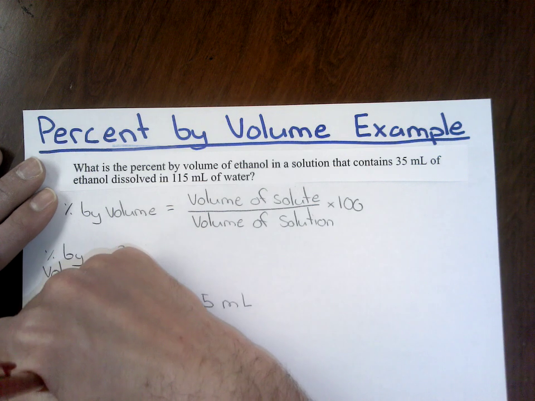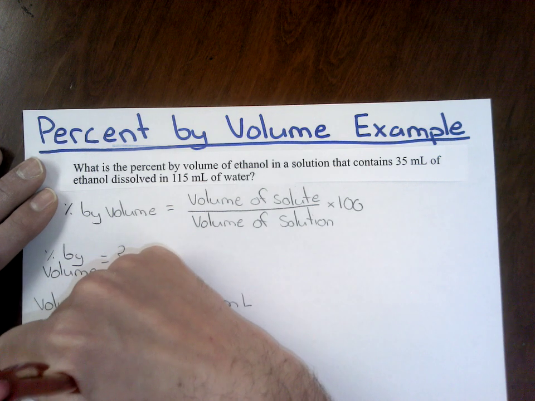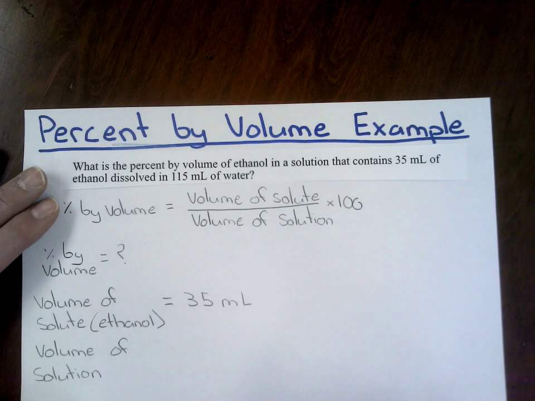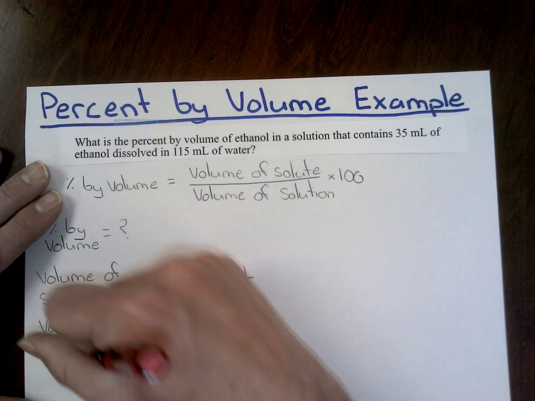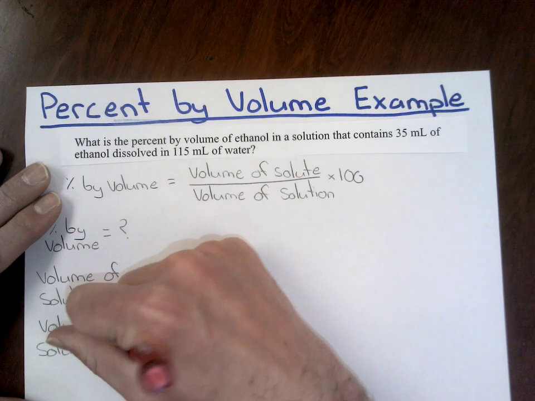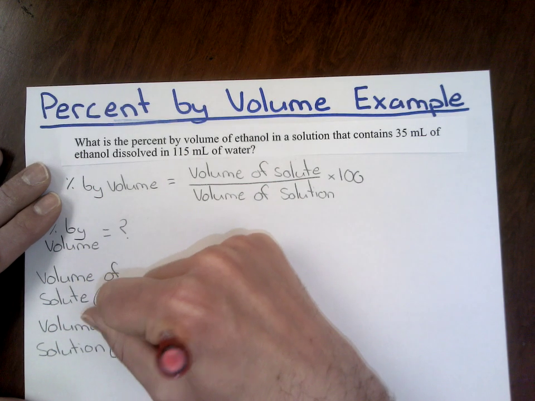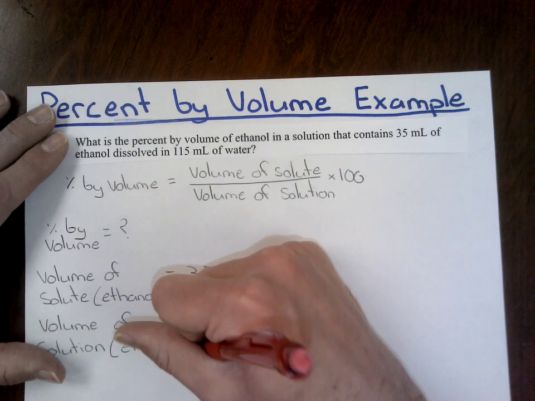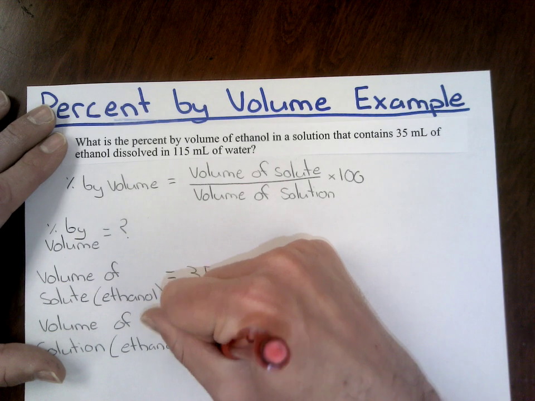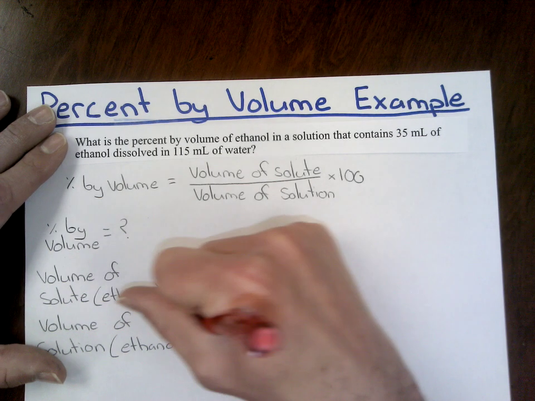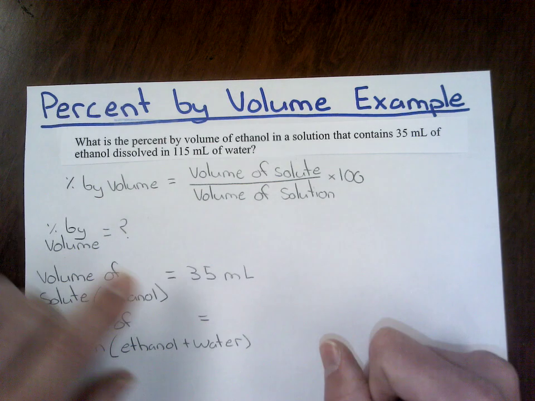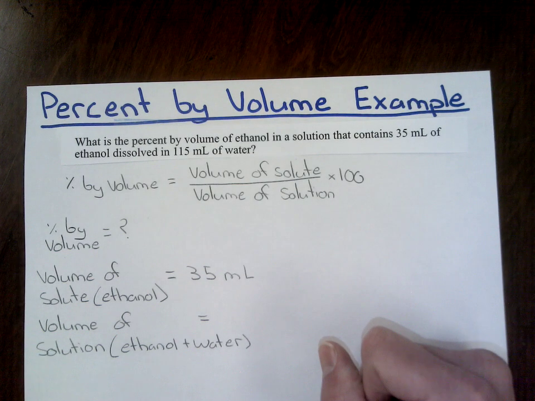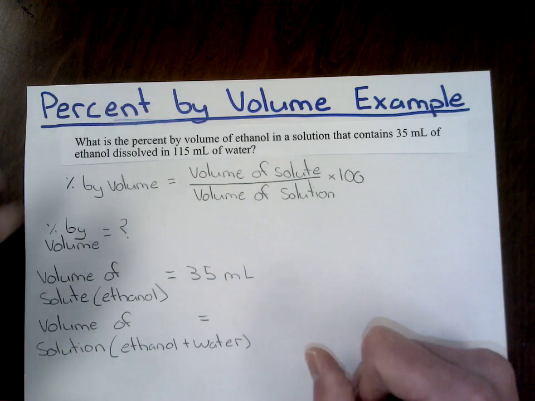Remember, the volume of the solution is the solute plus the solvent, okay? So in this case, it's going to be our ethanol plus our water, because that is our solvent. So right here, we already stated that we had 35 milliliters of our ethanol.